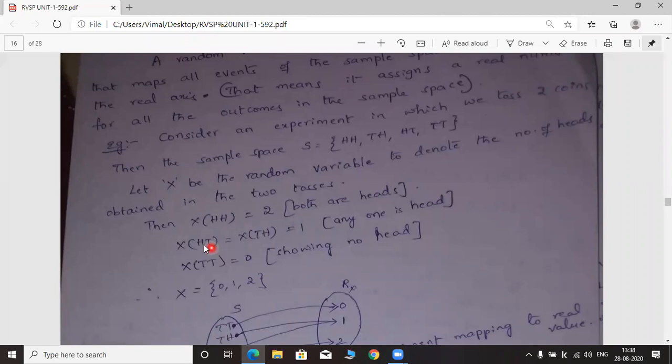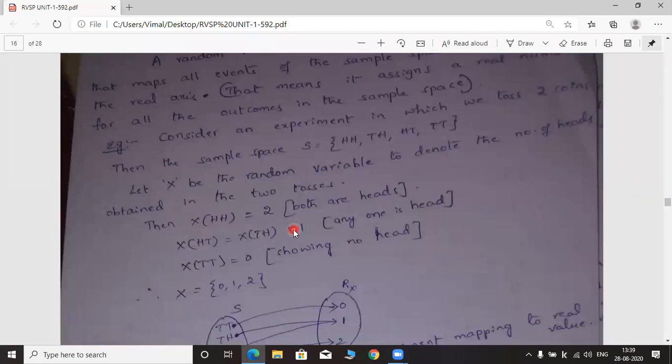In the next case, X of HT is equal to X of TH is equal to, which value can be assigned for this? 1, because any one coin shows head.